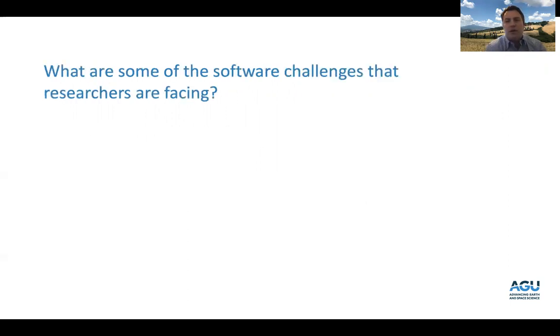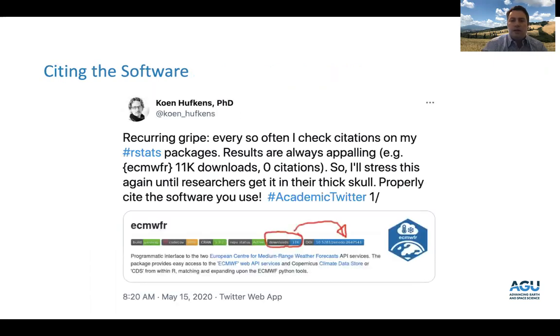So to begin with, though, I thought we should start with giving just a picture of why software citation is so important. So to begin with, some examples from Twitter of researchers talking about these challenges.